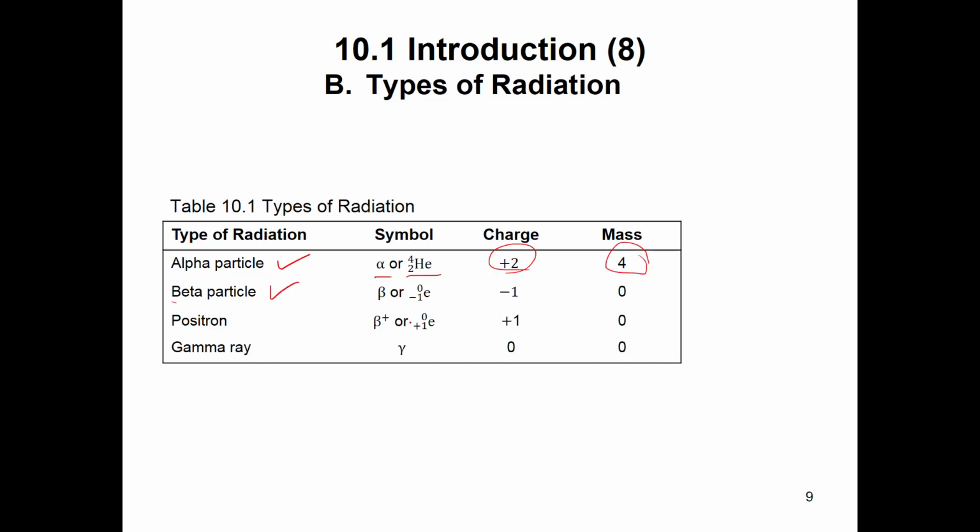Beta particle is beta or 0 over -1, -1 charge, no mass. Positron, opposite of a beta, so we call it a beta plus, and it's written like an electron except with a plus charge, and it's a +1 and a 0. And then finally the gamma ray, which is gamma, which has no charge and no mass.